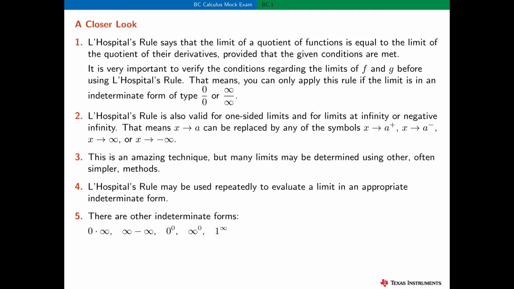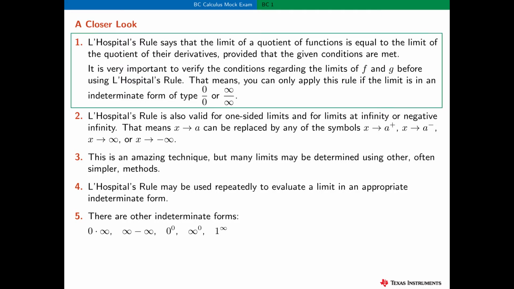Let's take a closer look at L'Hopital's Rule. In words, L'Hopital's Rule says the limit of a quotient of functions is equal to the limit of the quotient of their derivatives, provided, of course, that the given conditions are met. It's very important to verify that the original limit is an indeterminate form of type 0 over 0 or infinity over infinity.